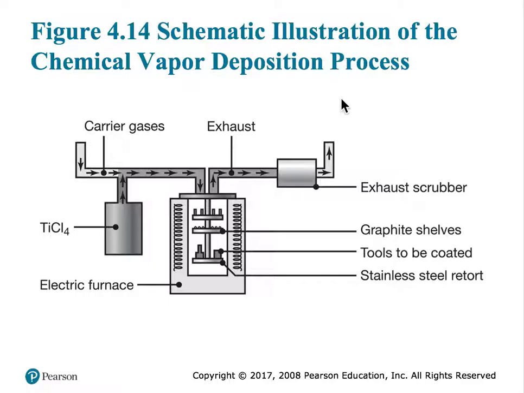You have another process which is called chemical vapor deposition. So here you have some kind of a gas. For example, it could be a silane gas, or it could be a chloride gas. So silane is methyl trichlorosilane.